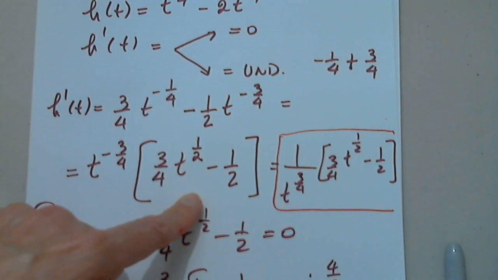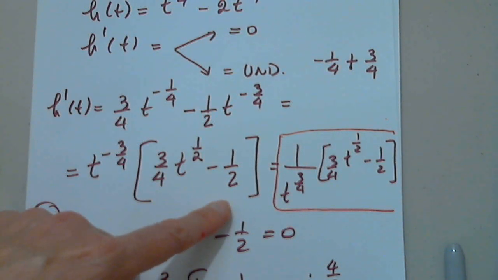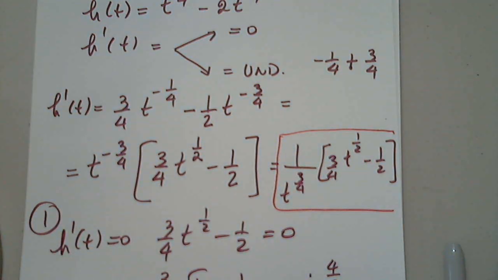I typed in 1/2, 0.5, divided by 4, and then minus 0.5. So this is the derivative: x to negative 3/4, times 3 over 4 with x to 1/2, and minus 0.5.